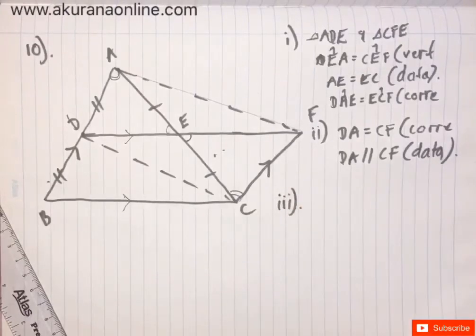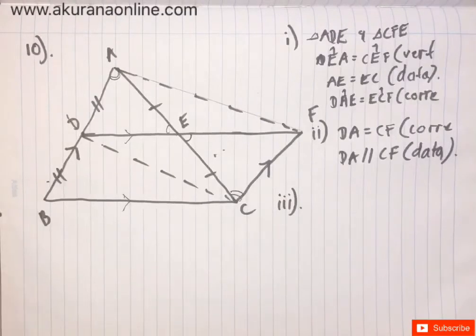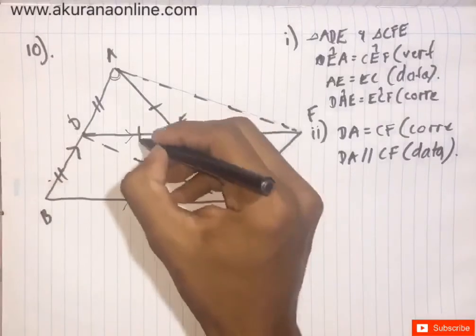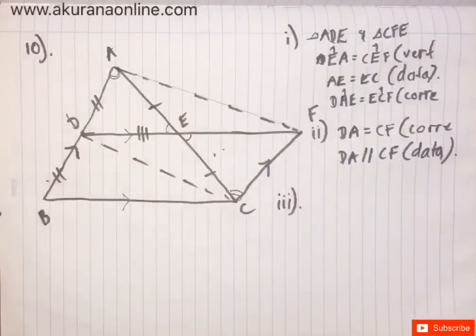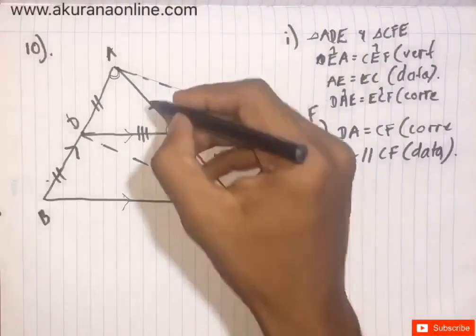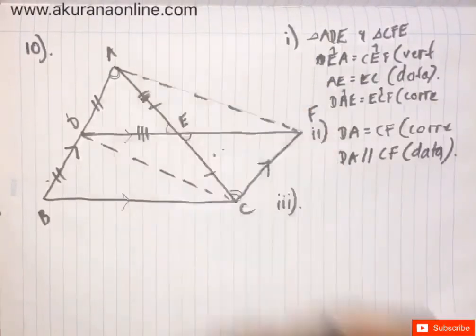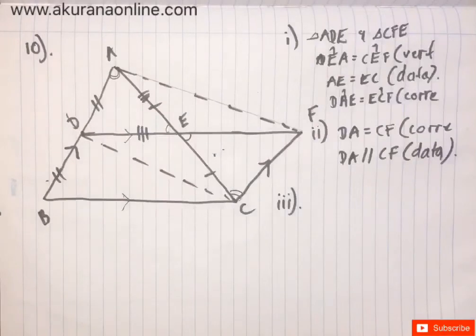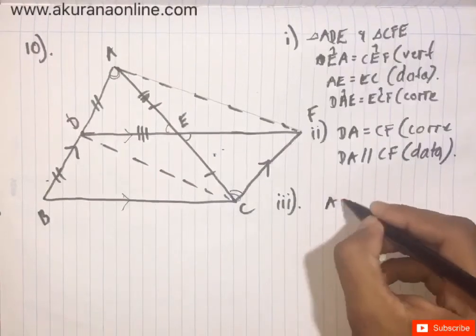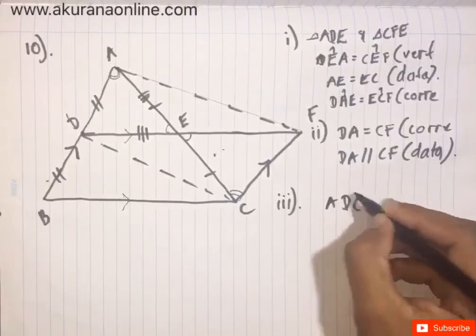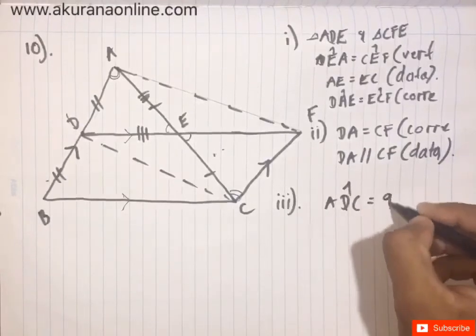Now here show that if DE is equal to AE, these two, DE is equal to AE, you have to prove that angle ADC is equal to 90 degrees.